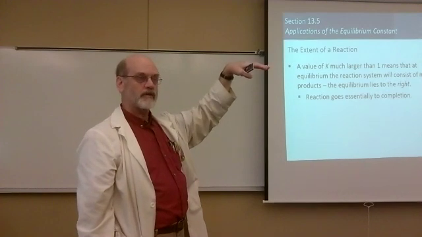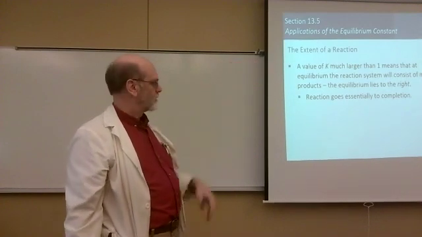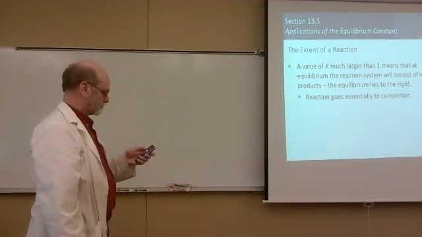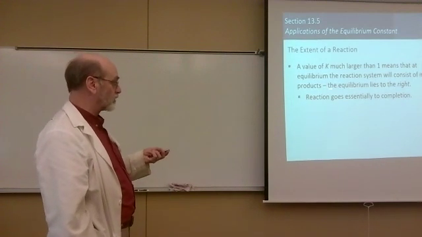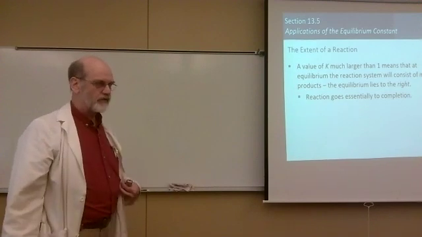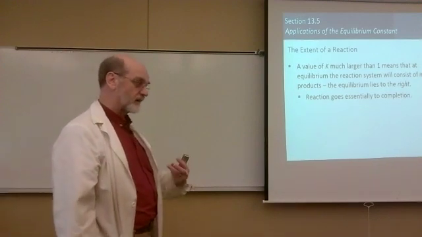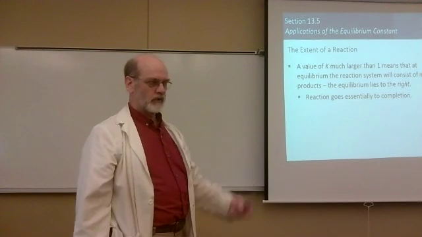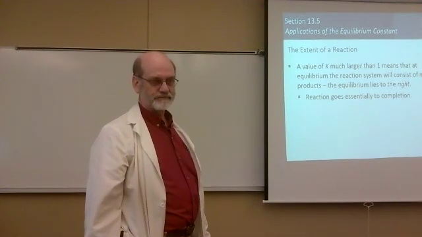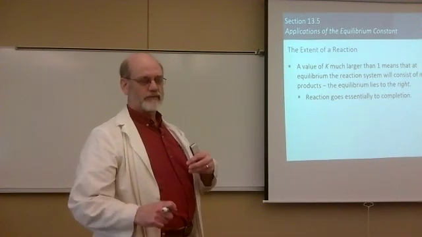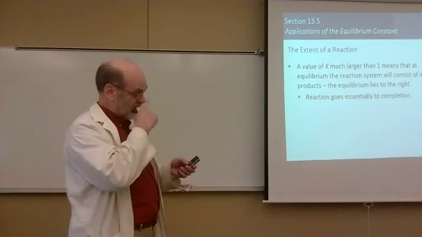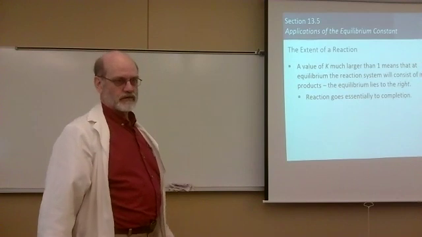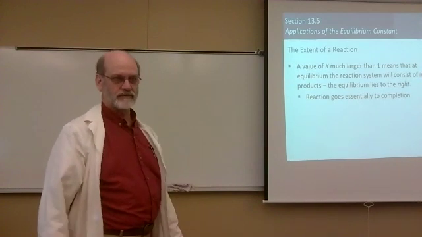So if it's very large, your K is going to be large. And the reaction generally goes to completion. In other words, you have such little reactant left that you might as well ignore it. I mean, if you're looking for efficiencies. Of course, if you're trying to answer a question on an exam, you can't ignore it.